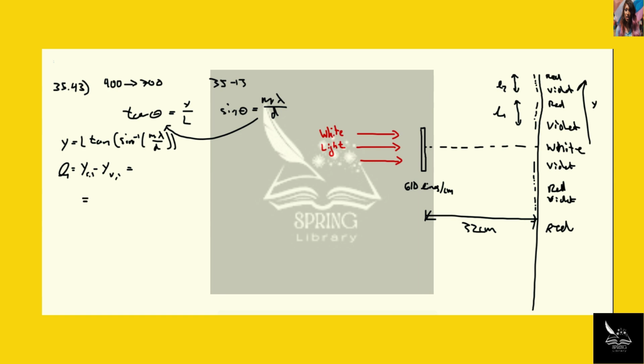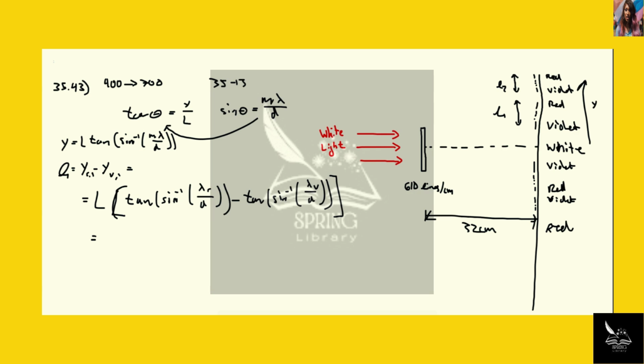L1 is now given as L times tan of inverse sine, for the first order so m is 1, of lambda red over d, minus tan of inverse sine of lambda violet over d. And we can find this out.